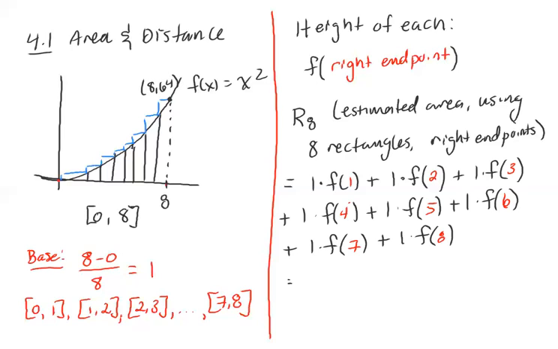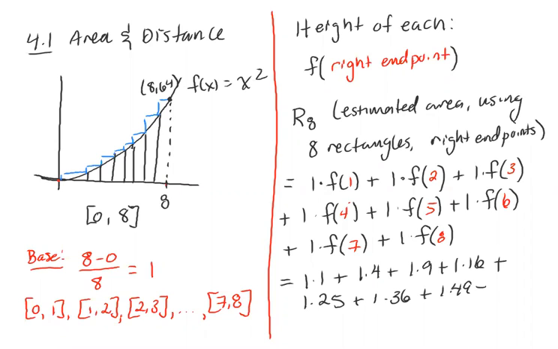1 times f of 1 is 1, plus 1 times f of 2 is 4, plus 1 times 9, plus 1 times 16, plus 1 times 25, plus 1 times 36, plus 1 times 49, plus 1 times 64.